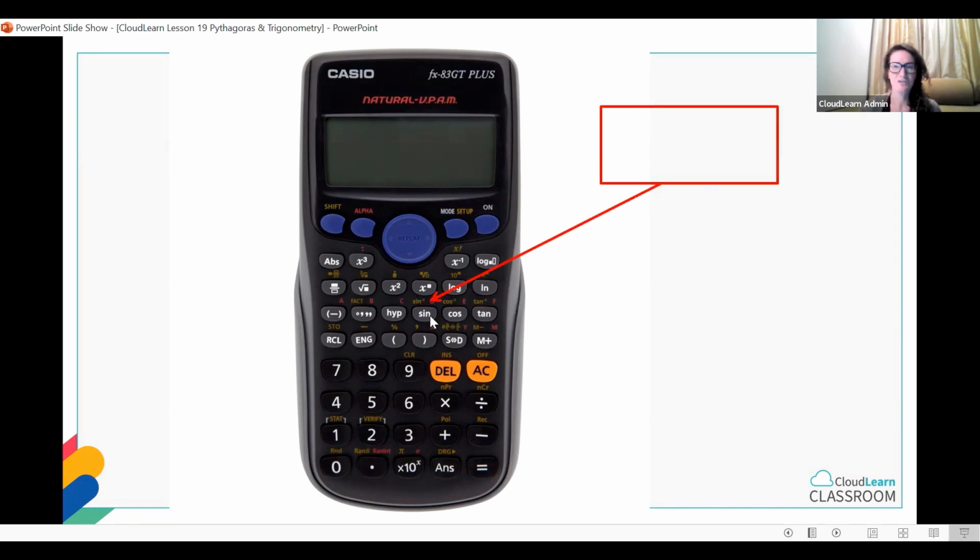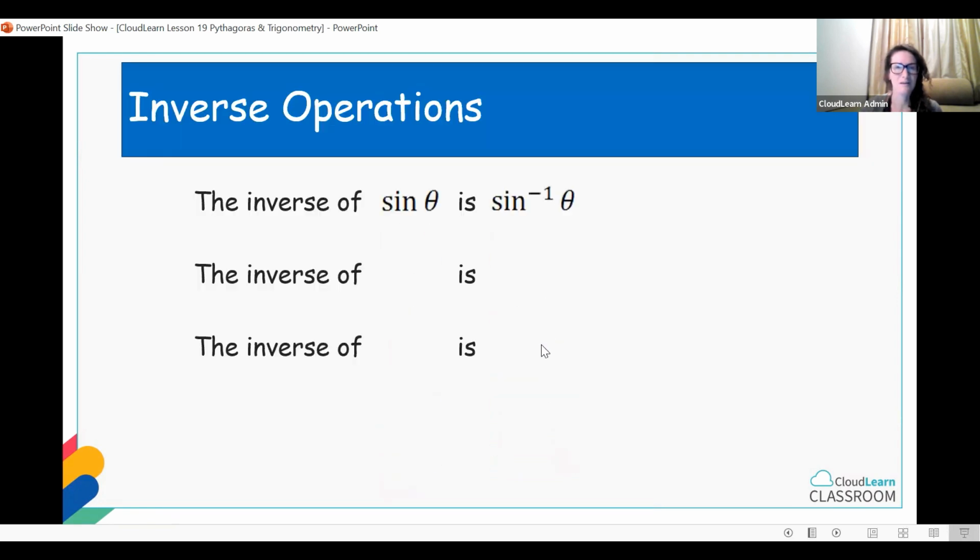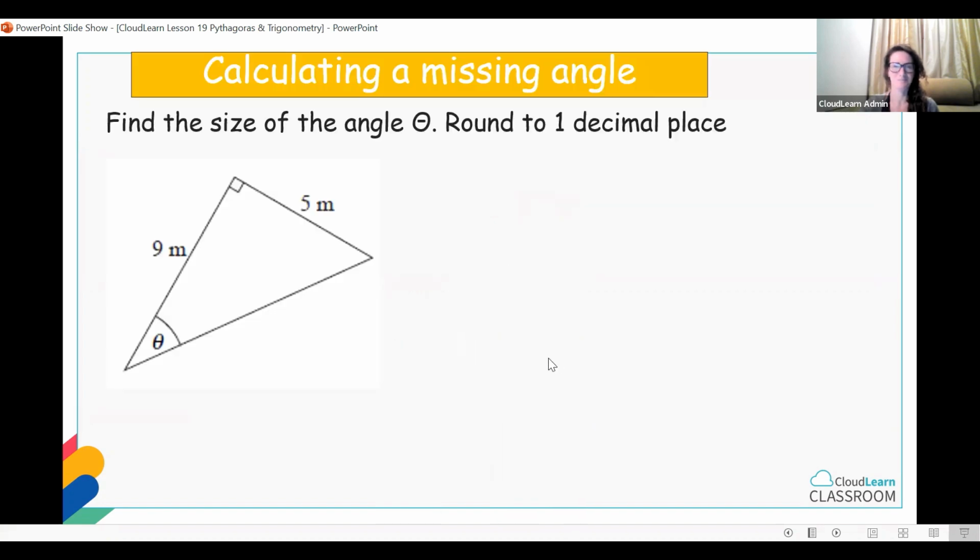To use them, you need to press Shift and then the button you need. So Shift sine, Shift cos, or Shift tan. The inverse of sine is written sine to the power of -1. It's just sine inverse, so I would just say sine inverse. Inverse of cos is written like that, and inverse of tan is written like that.